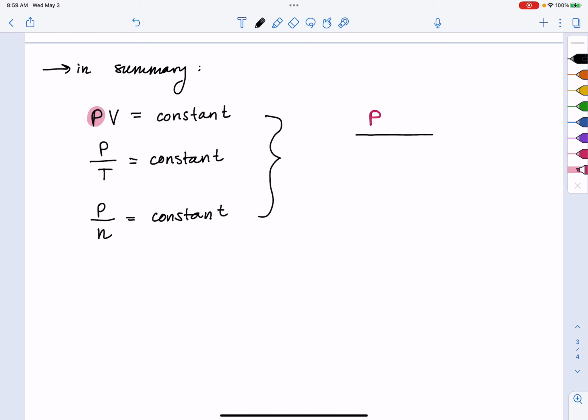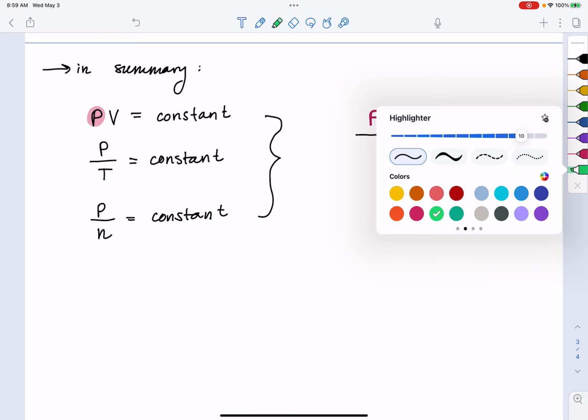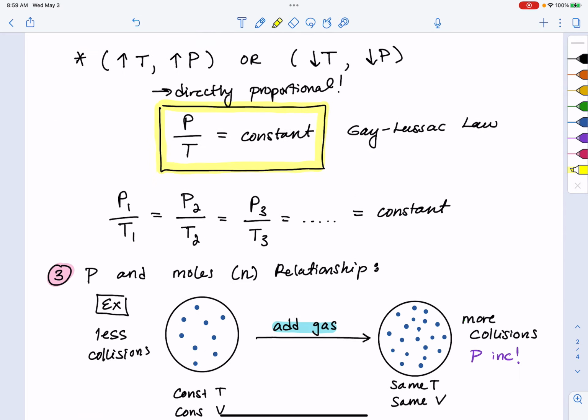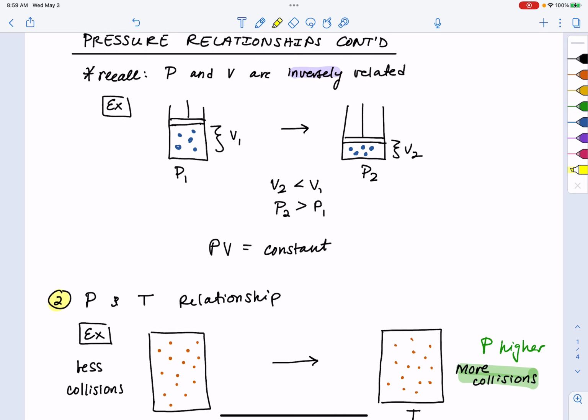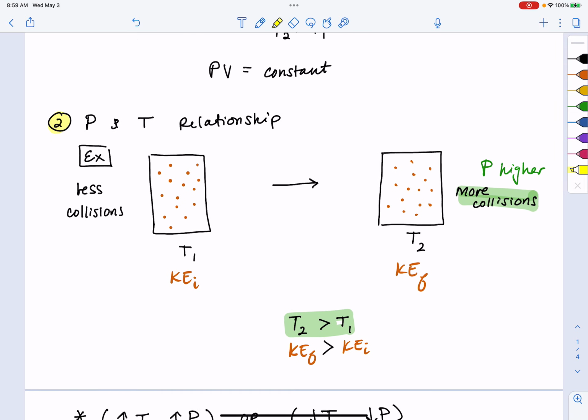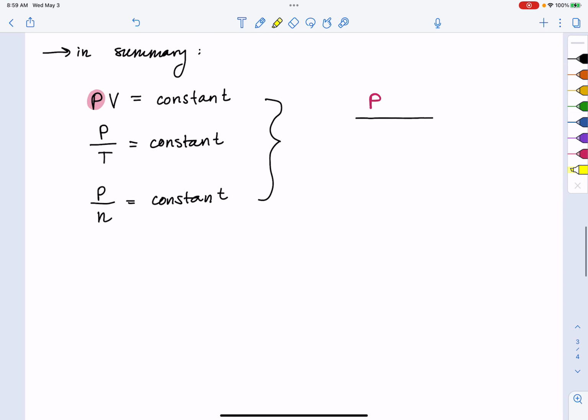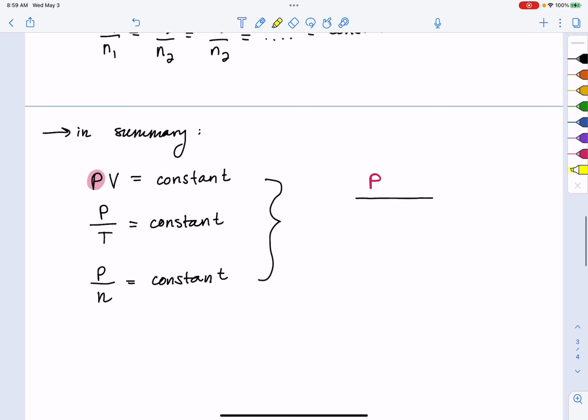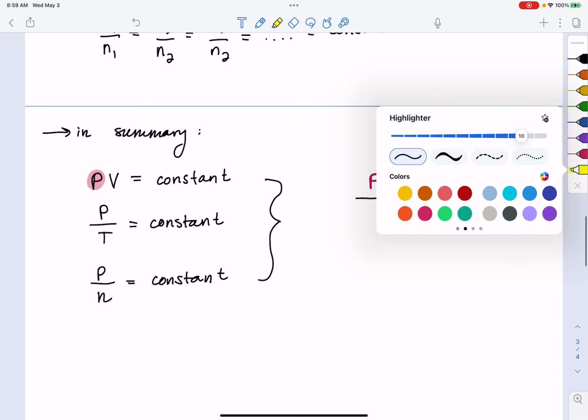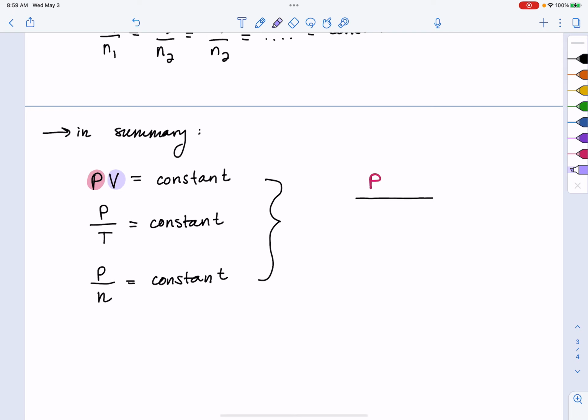So I've got pressure, and then it looks like the product of pressure and volume is needed in order for us to get our Boyle's law back. Let me just go back and check my color coding, otherwise I'm going to go crazy. Let's call it purple. Here we go. Okay, so we have a product of pressure and volume.